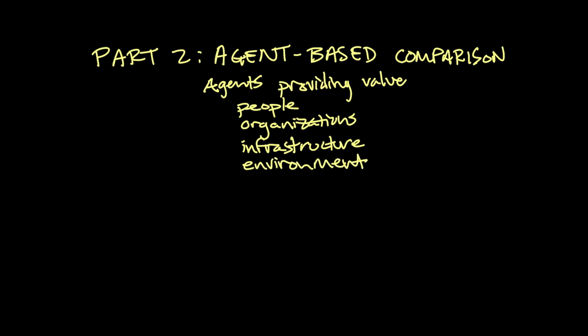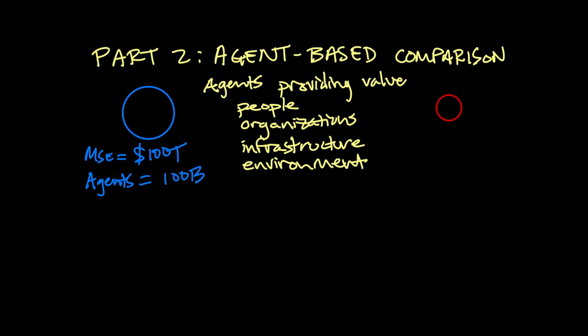So for Earth, we're going to say that the money supply is 100 trillion again, to make it easy to calculate. And then we're going to say that there are 100 billion agents providing value on Earth. And then we're going to say on Mars, there are 100 million agents providing value. And we're solving for how much money should exist on Mars again.